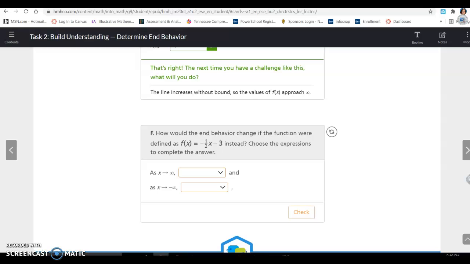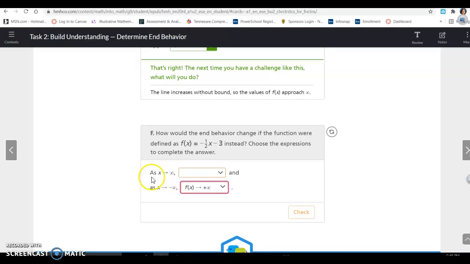All right, how would the end behavior change if the function were defined as f of x equals negative 1/2 x minus 3? All right, very quickly. This has a negative slope. That means my line would go down from left to right. So if it's going down from left to right, as your x's go to the left, your y's would go up. So x to the left is my negative.